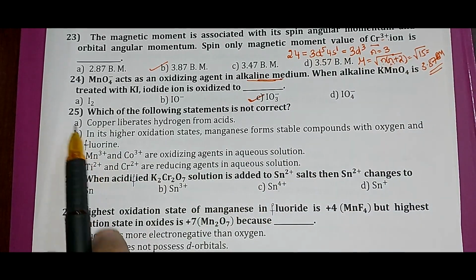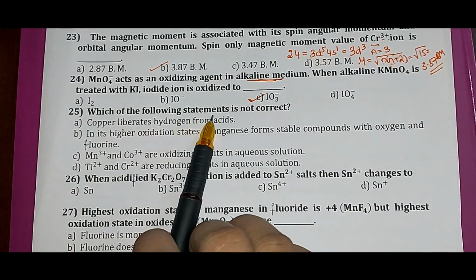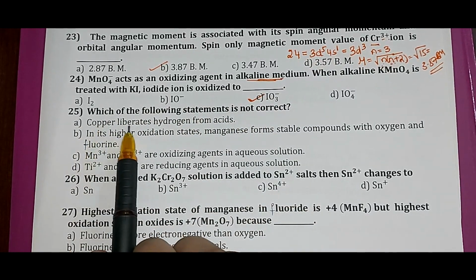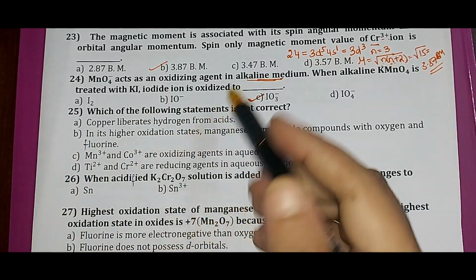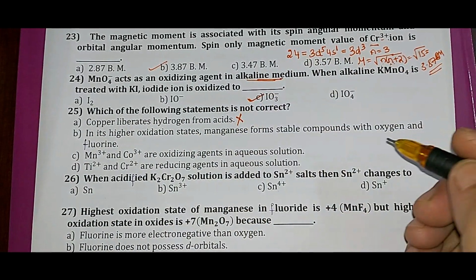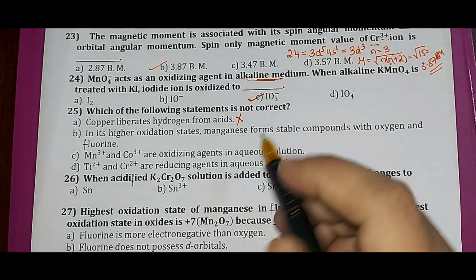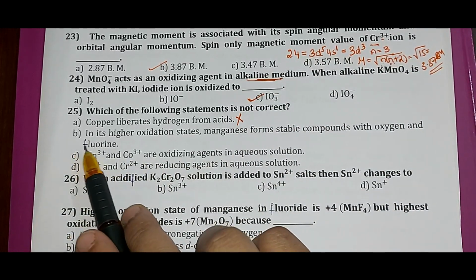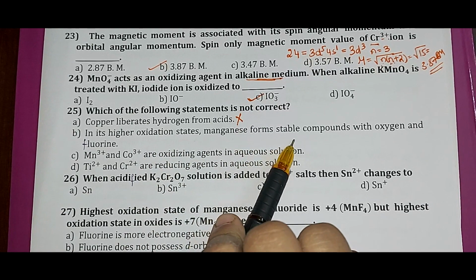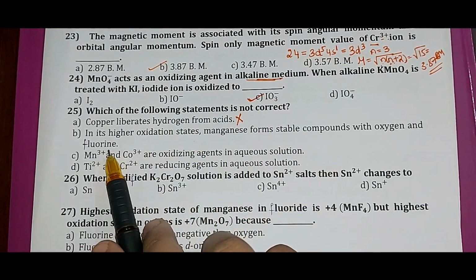Then question number 25. Which of the following statements is not correct? So here if we see, copper liberates hydrogen from acid, it's not possible because copper is less active than hydrogen. Copper cannot liberate hydrogen from acids. Option B, in its higher oxidation states, manganese forms stable compounds with oxygen and fluorine.